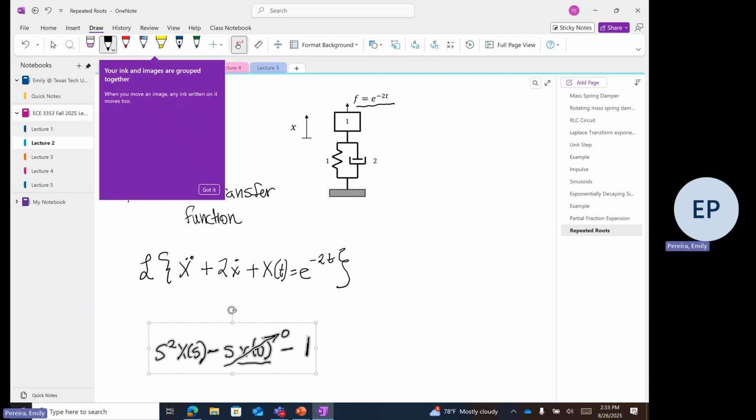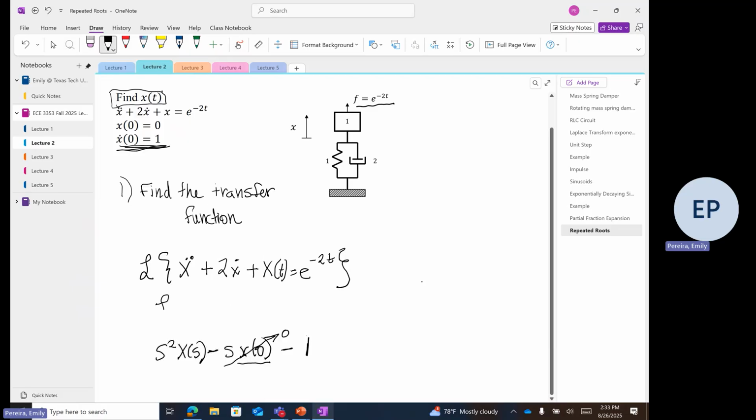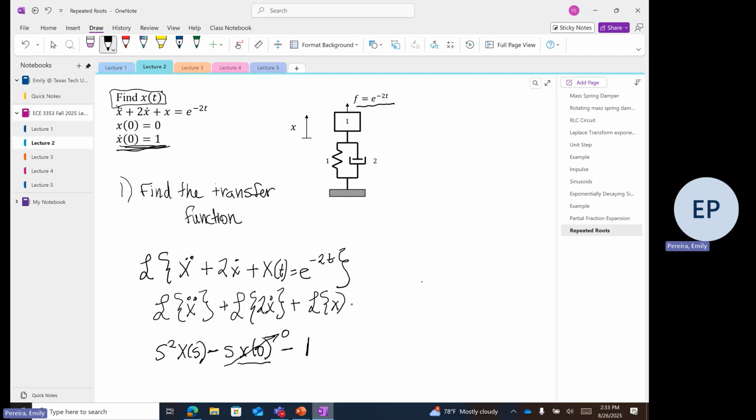So ultimately what we're doing is we're taking the Laplace transform of x double dot and adding it with the Laplace transform of 2x dot plus the Laplace transform of x plus the Laplace transform of e to the negative 2t.